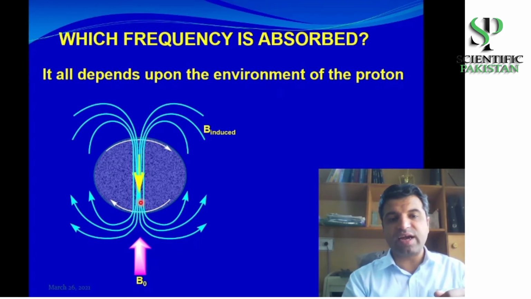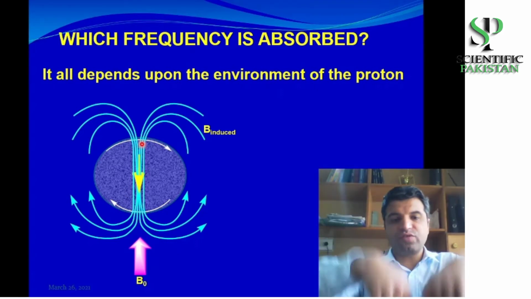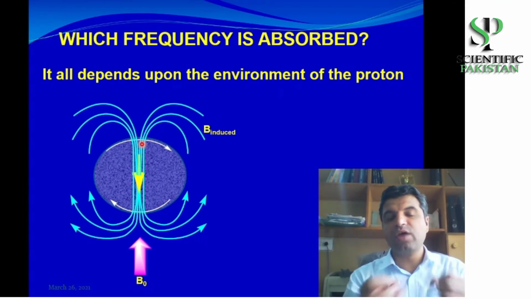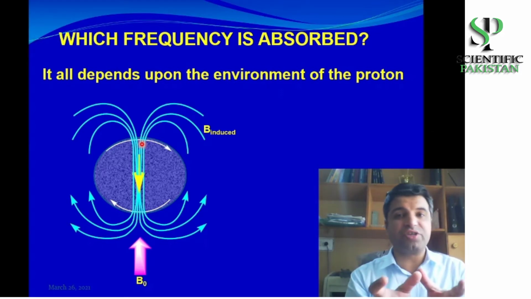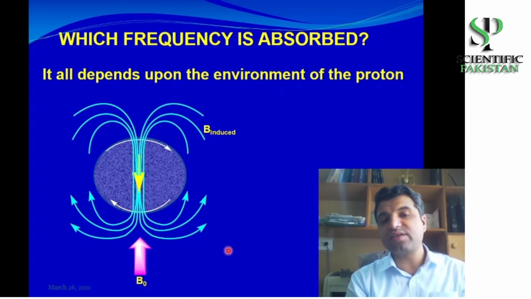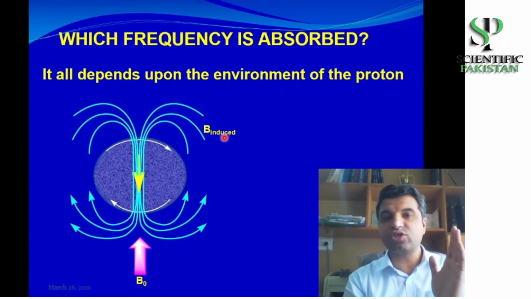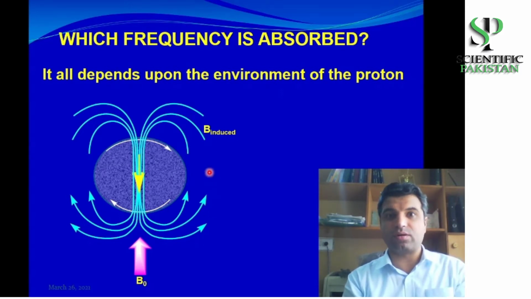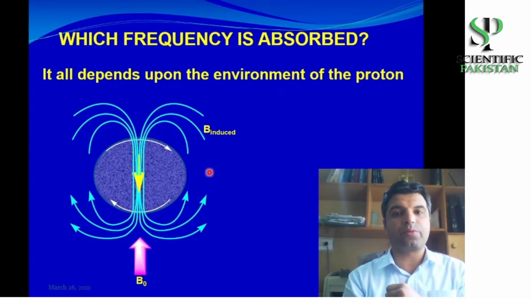So these magnetic field lines, which are against the direction of B naught, are actually protecting this nucleus from the effect of B naught. But if it's in a region where the magnetic field lines are pointing in the direction of B naught, it means that it will reinforce B naught. It will enhance or increase the effect of B naught on the proton or on the nucleus.